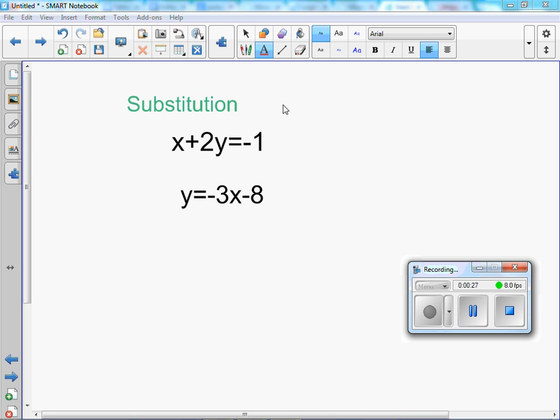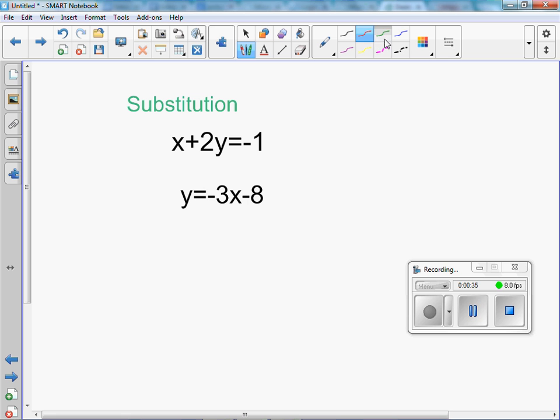You can use any method you want. There's not a right or wrong method, just different methods. In the substitution method, usually if the y is alone, that's the best way to work it out.